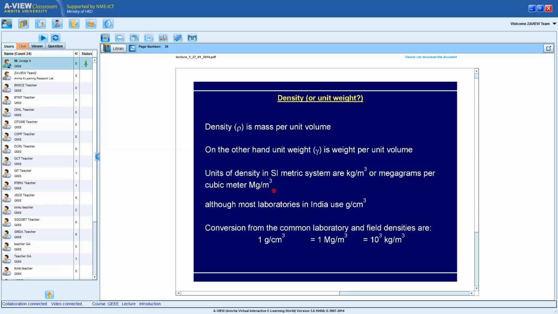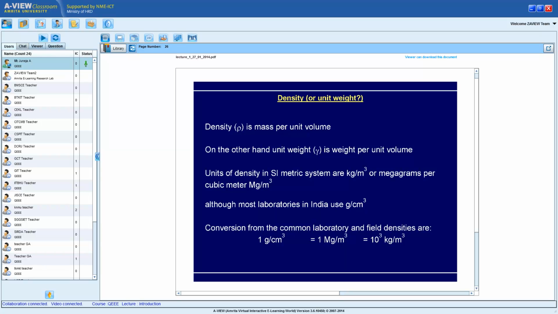In many soil reports and much engineering practice in this part of the world, we use grams per centimeter cube for density. Remember, grams per centimeter cube is not an SI unit. So if you have to follow SI units, you would normally follow kilogram per meter cube or megagram per meter cube. The conversion is quite easy: 1 gram per centimeter cube equals 1 megagram per meter cube.